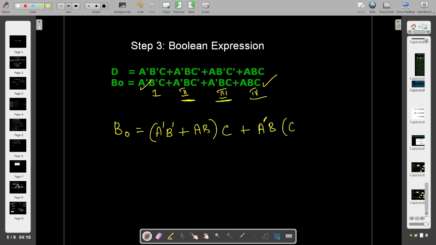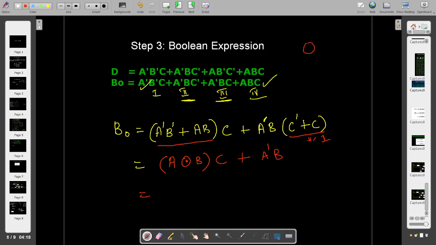so that I am getting c dash plus c, and you know very well that a dash b dash plus ab represents A exclusive NOR with b into c plus this a dash b, and we know that c dash plus c is equal to 1. So it is 1, that becomes a dash b, and this a circle dot b is XNOR, right?